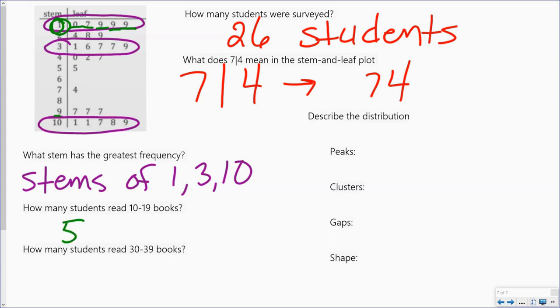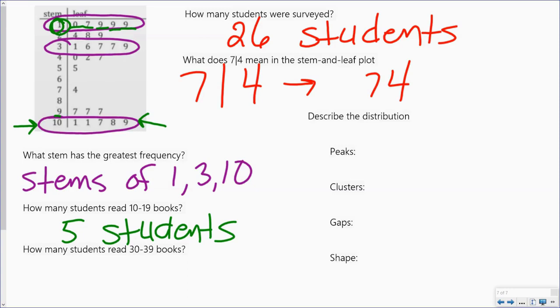So I would say 5 students read those books. I would not use this 10 because that represents 10 groups of 10, or 100. So all of these numbers in here are in the hundreds. So it'd be 101, 101, 107, 108, 109.